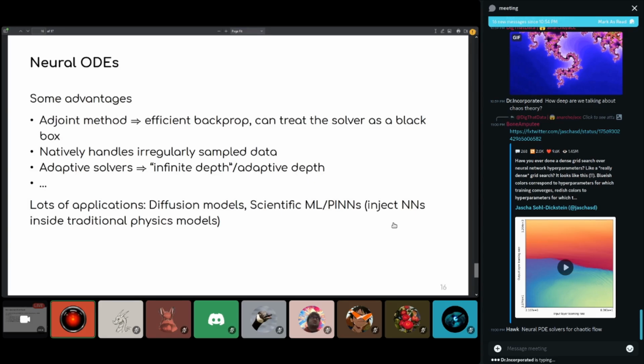Neural PDE solvers for chaotic flow. Yeah, of course. I mean, probably you should do neural PDE solvers after state space models and chaos. That sounds like the easiest.